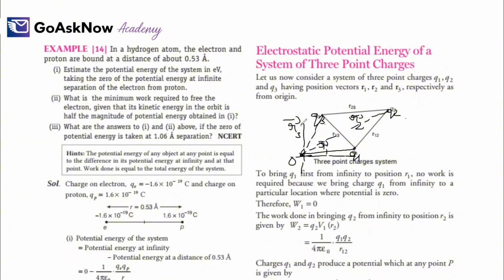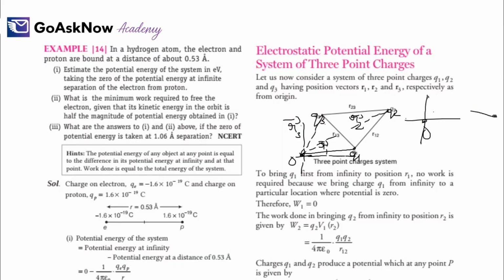To bring Q1 first from infinity to position R1, no work is required, because we bring the charge Q1 from infinity to a particular location where the potential is 0, because there were no charges initially present in this space. I will draw the diagram here. This is your origin, and initially there were no charges.